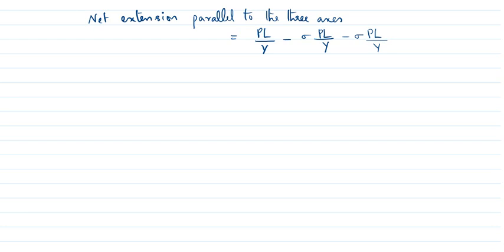The equation will become, PL will be the common term, so I am taking PL divided by Y outside, 1 minus 2 sigma. This is the extension parallel to the z-axis that we got here.